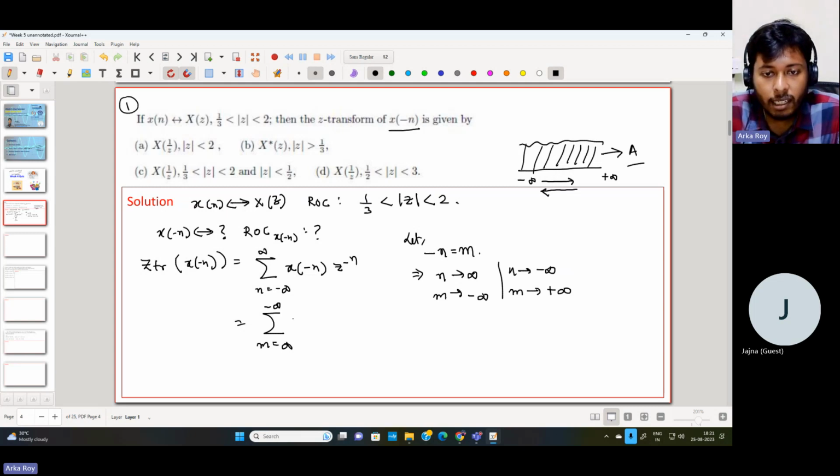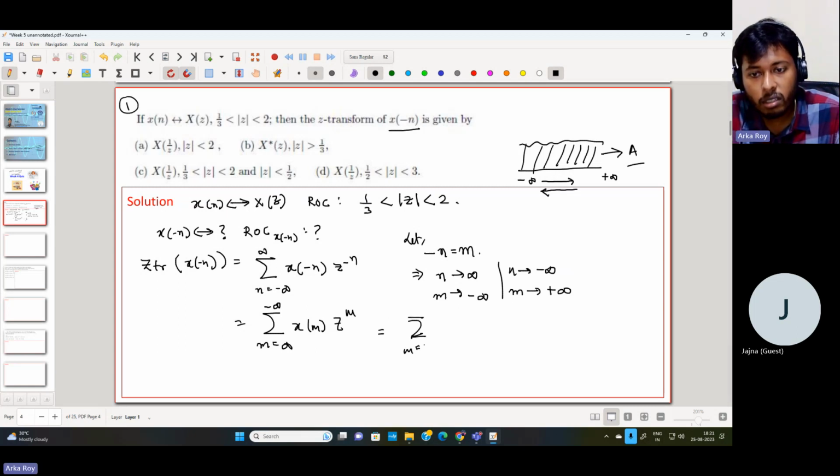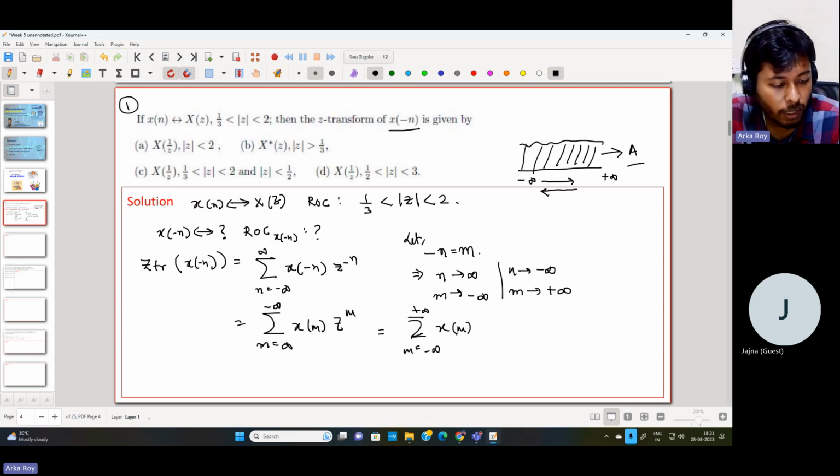So I can write it as the sum of x[m] z^m. Now I can change the limit as m equals minus infinity to plus infinity. Then I can write it as x[m] times (1/z)^(-m).